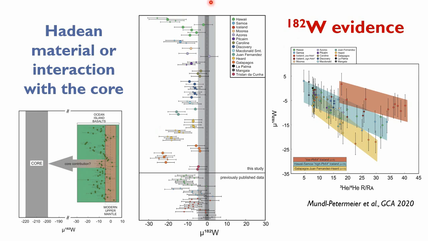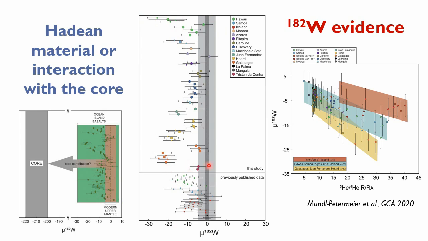And what we see here, this gray field, is a value that basically everything normal on Earth should have, at the surface. It's a zero value. And what we see is all the data here for oceanic island basalt are all negative. So there is a clear trend for the oceanic islands to record something that is negative and not equal to zero.